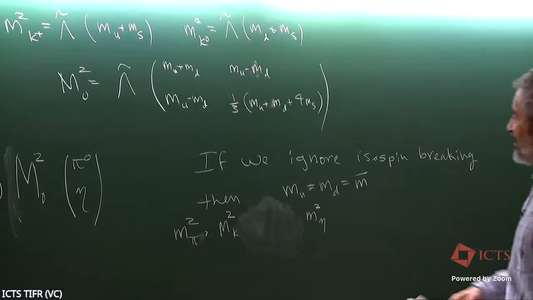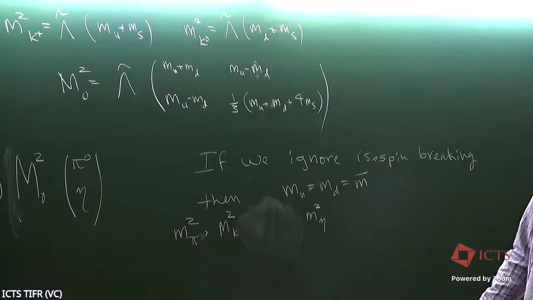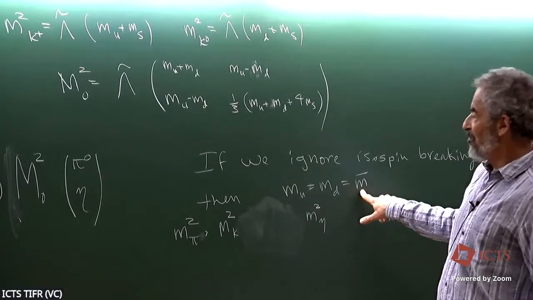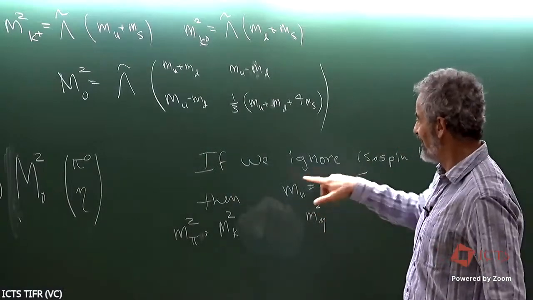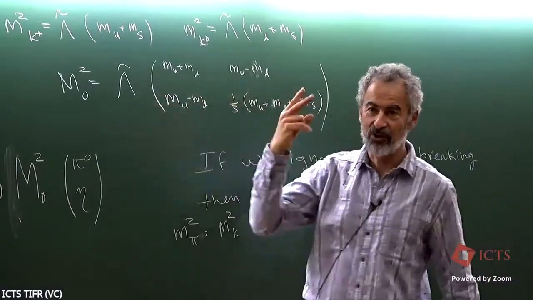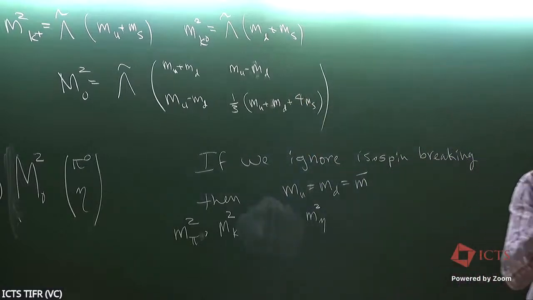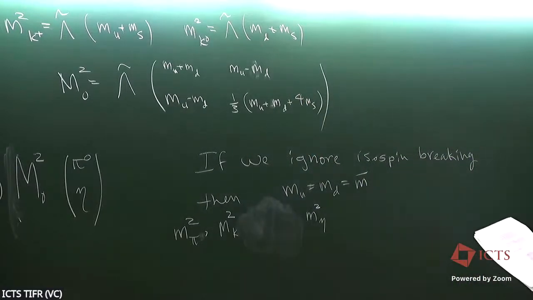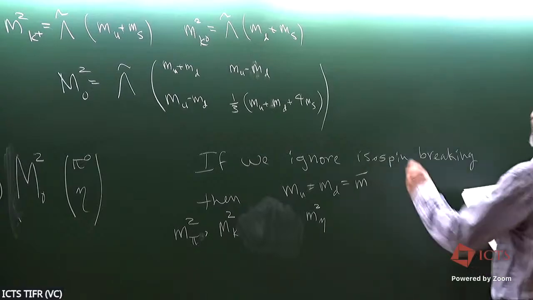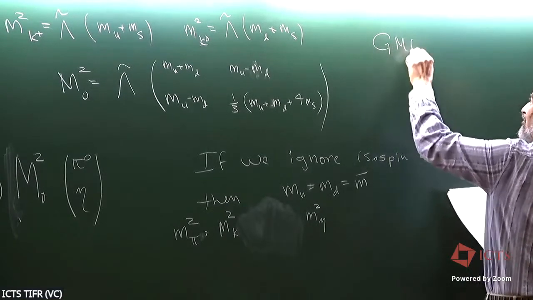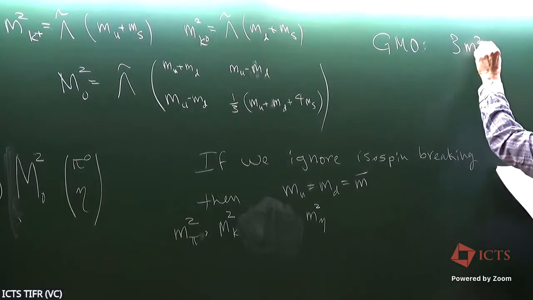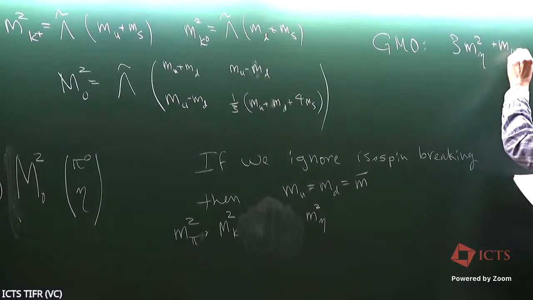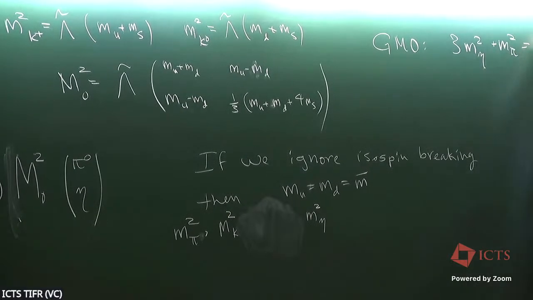Now in this limit, how many parameters do you have? Well, you've got m bar times lambda tilde and ms times lambda tilde. So you've got 2 unknown parameters and 3 masses, okay? And so there's a prediction, and this is the Gell-Mann–Okubo prediction, which can be written as 3 m_eta squared plus m_pi squared is equal to 4 m_K squared.